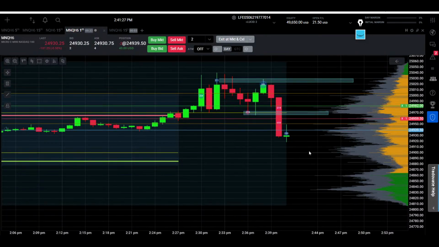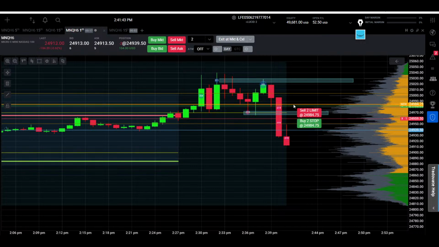Will it come back to pick up my other trade or not? Let me put another. If it picks up my other trade here, I'll put another buy stop here.